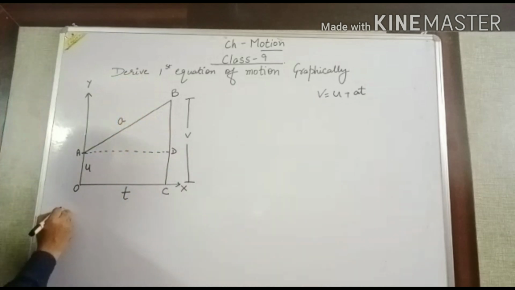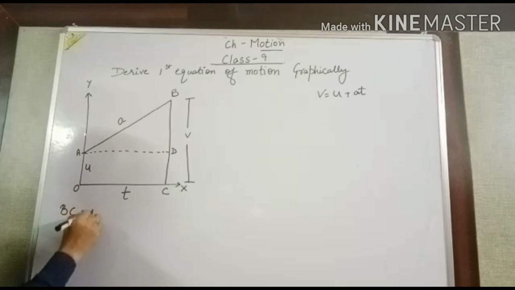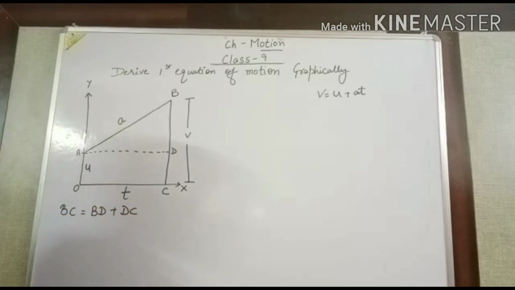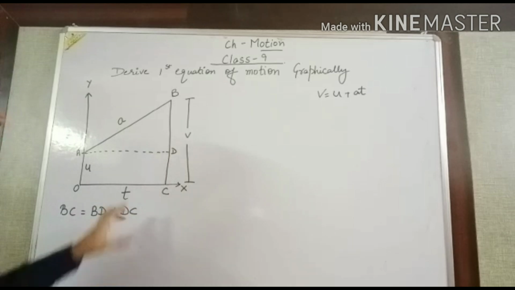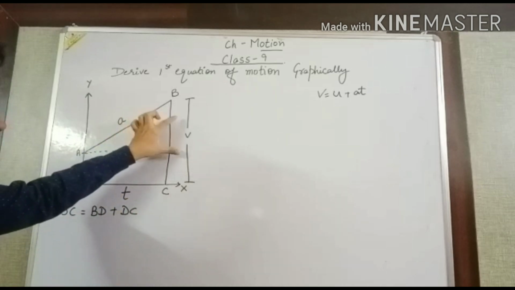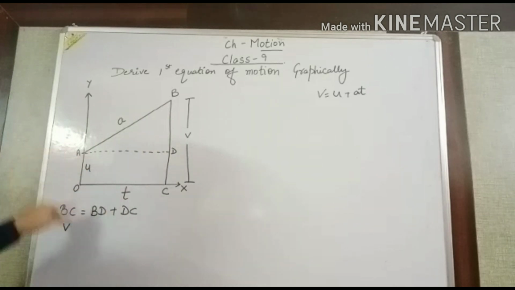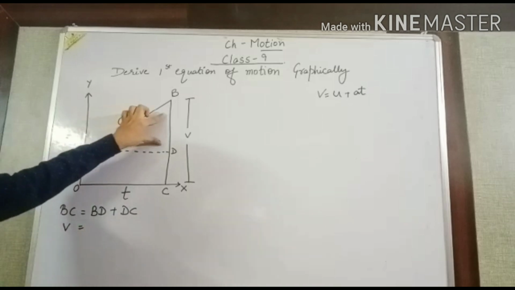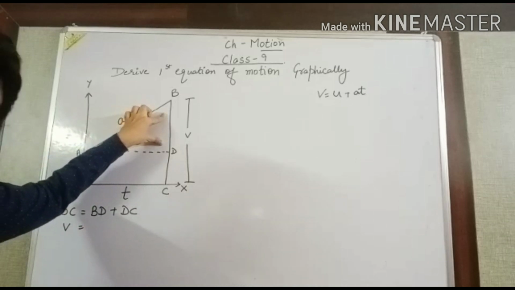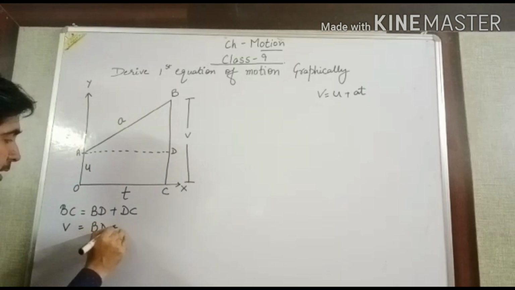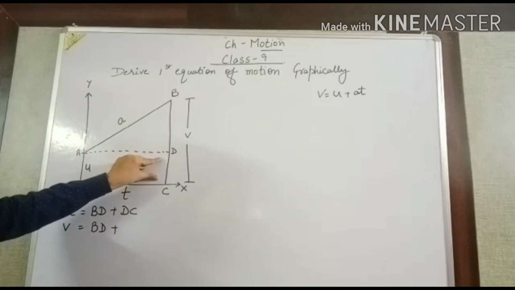So first we take BC = BD + DC. We have the value of BC, and that is v, our final velocity. So in place of BC we put v = BD + DC, since we do not have any value for BD, we keep it as BD, and then the value of DC.